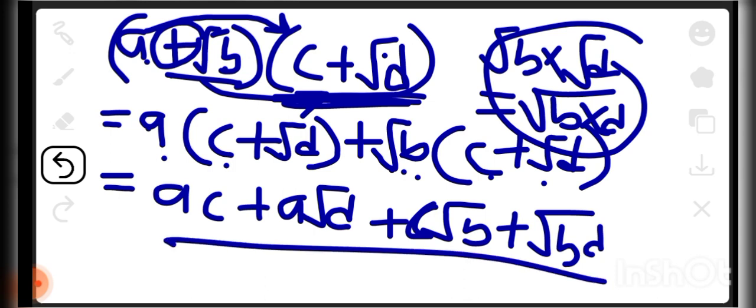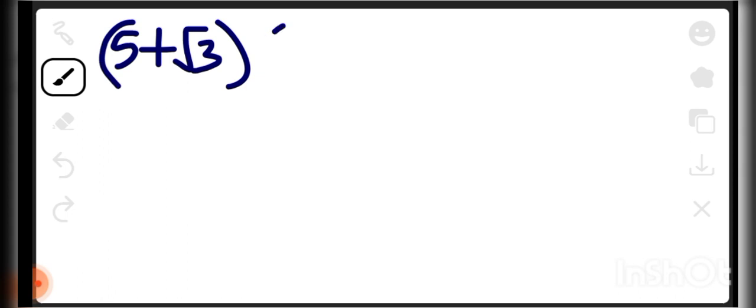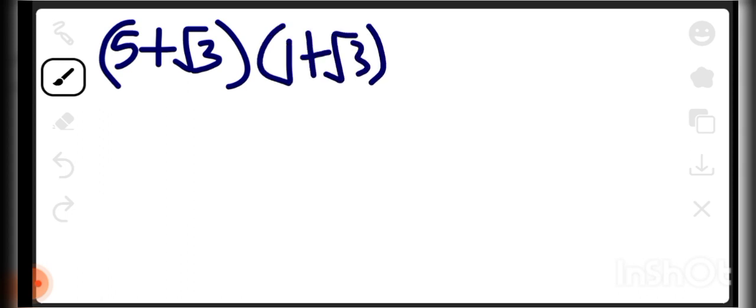Now let's look at a particular question. Let's say we want to multiply 5 plus root 3 and 1 plus root 3.